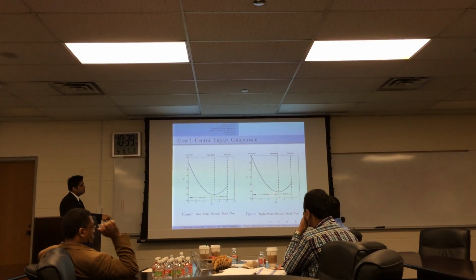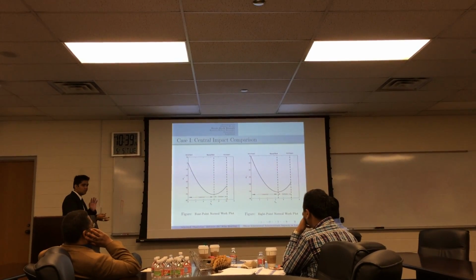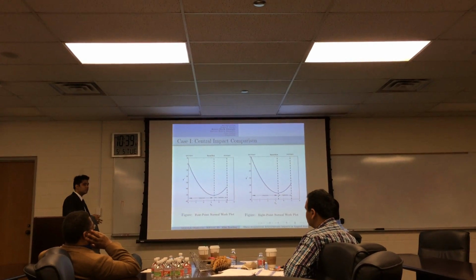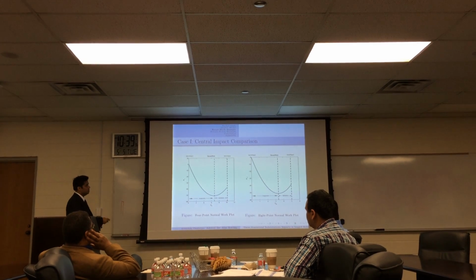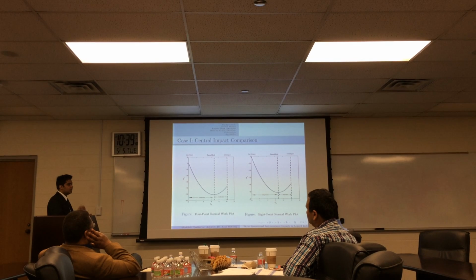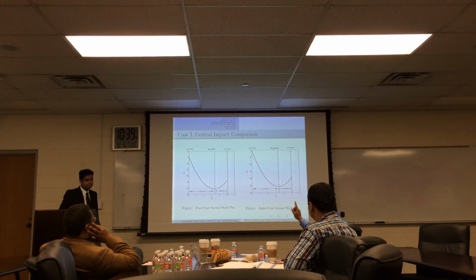In the 8-point case the impulses are less because we are selecting more points, so the impulses get distributed equally. This is 4 and this is 8, so it becomes half the impulse.